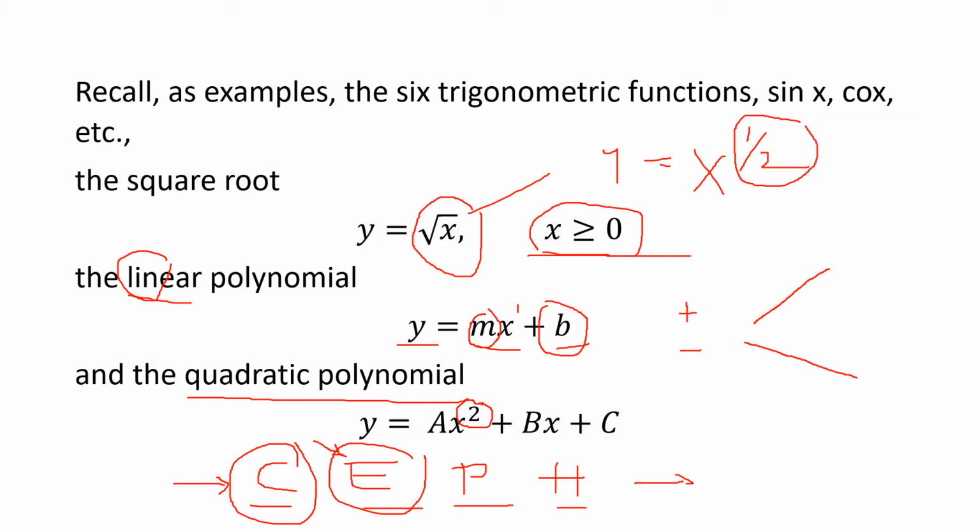Same thing with your hyperbola. If this is your hyperbola, once we apply your vertical line here, there are two points of intersection. That's why we cannot consider this graph of a hyperbola a function, even if your hyperbola opens downward and upward or leftward or rightward.